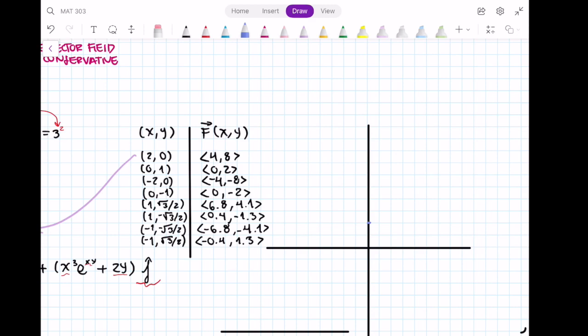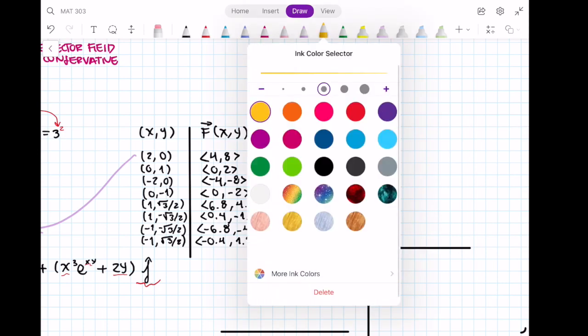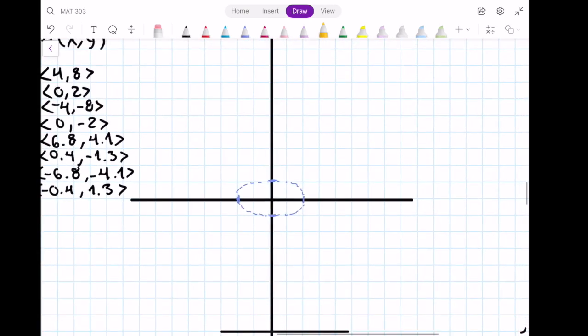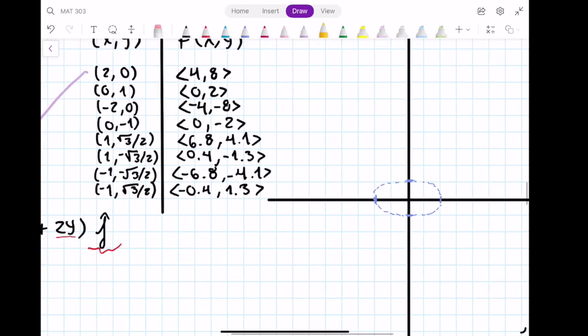No, sorry, it is 2, 0, 1 here, 2 and 1, right? This is going to be our limit. So our first point is going to be 4a, right?